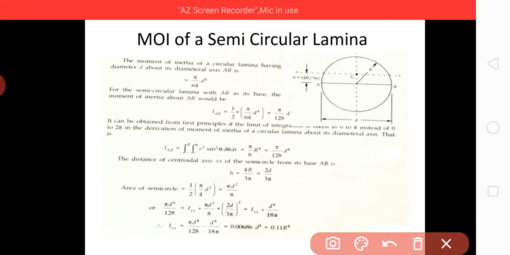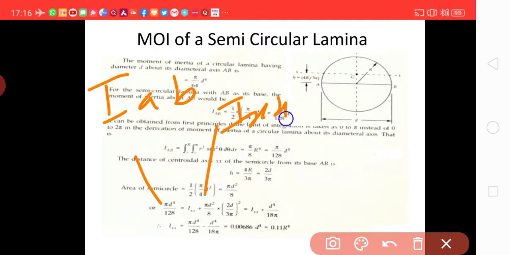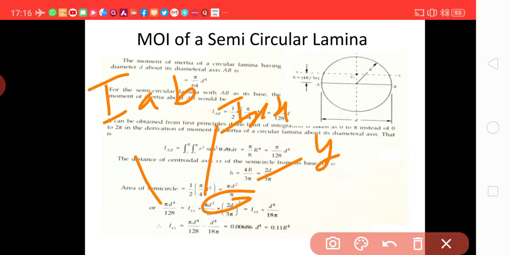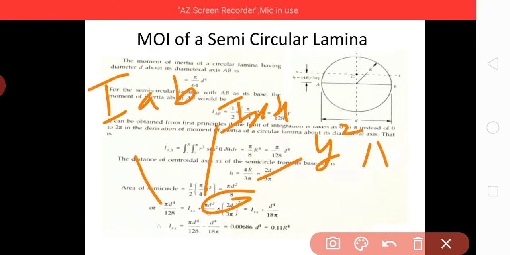Applying this condition, the parallel axis for that, this is IAB, this is IXX, and this is y square A.